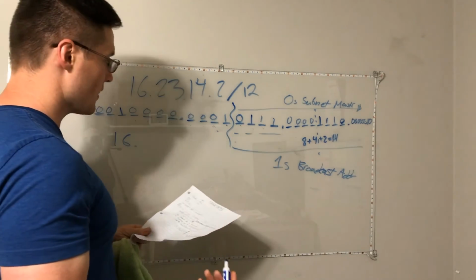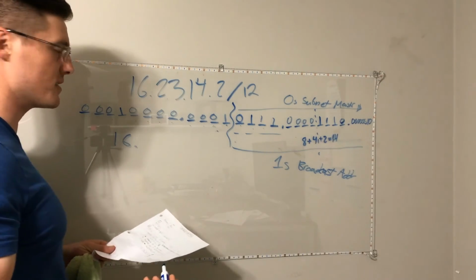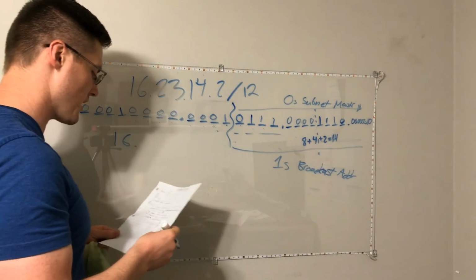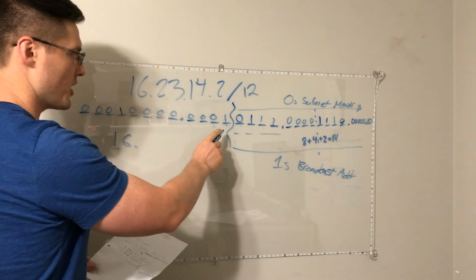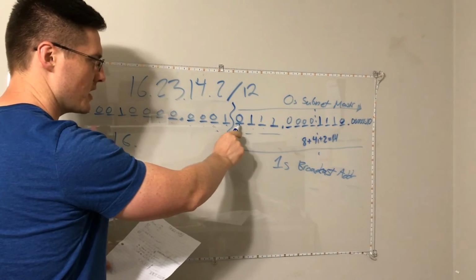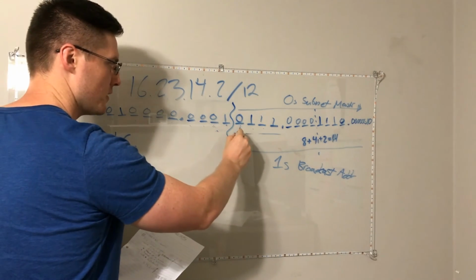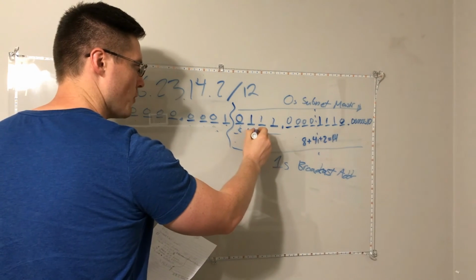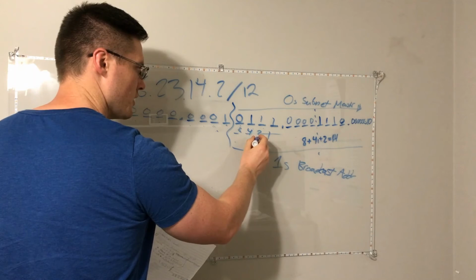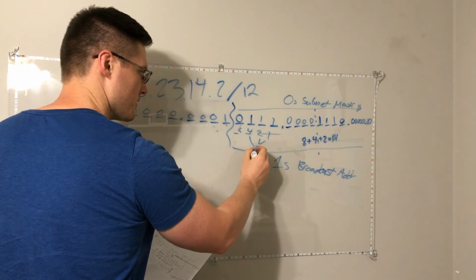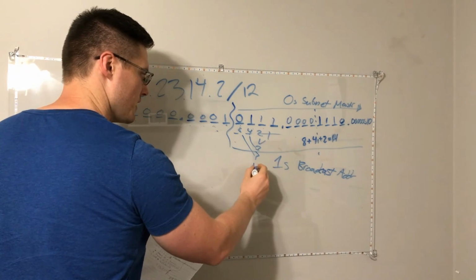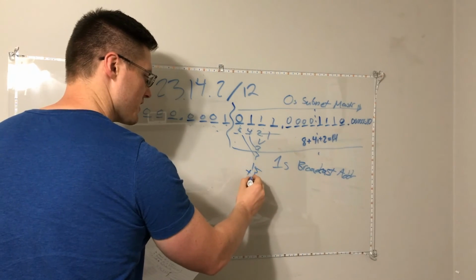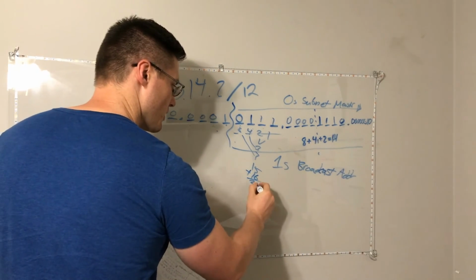I'll let you do the math in this scenario. It's not very complicated. You add 8 for the broadcast address, you add 4, you add 2, you add 1, so that's 3, 7, 15, plus 16, which is 31.